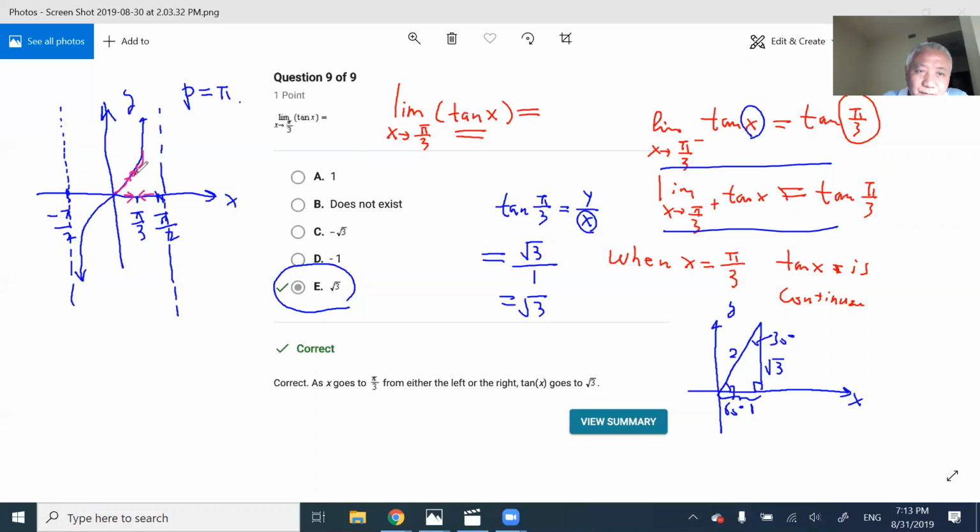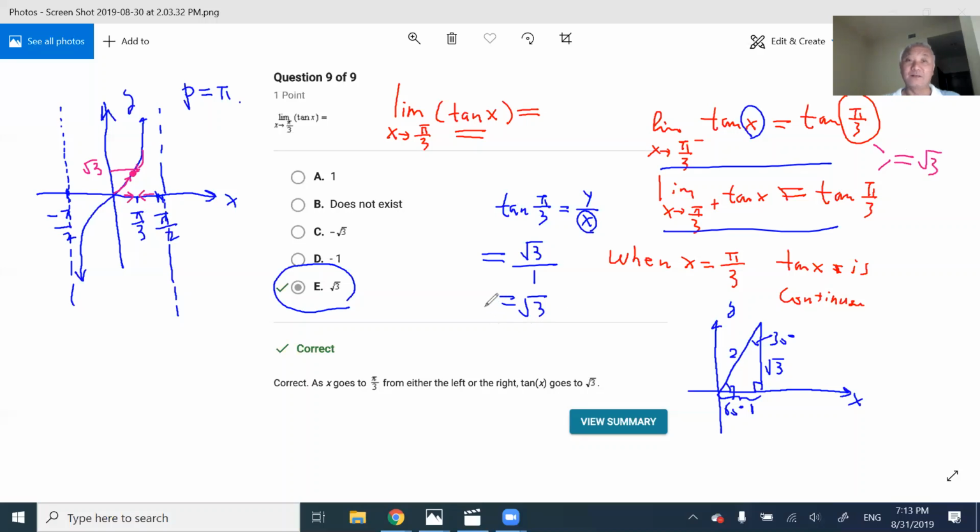So there will be what? Right here they meet. That always equals what? Root 3. So that's why we can tell both of these equal root 3.